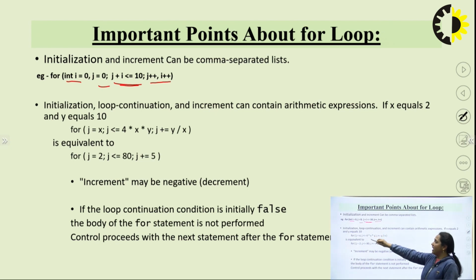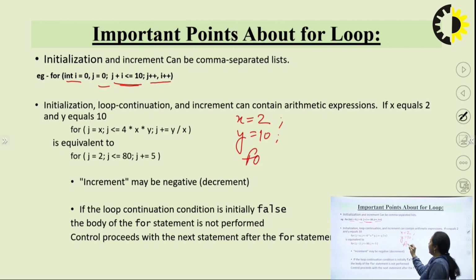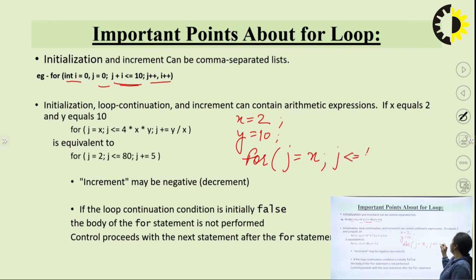Next, initialization, loop continuation and increment can contain arithmetic expressions. That is, if in the program I write x = 2 and y = 10, after that I can write for j = x; j <= 4 * x * y; j++.